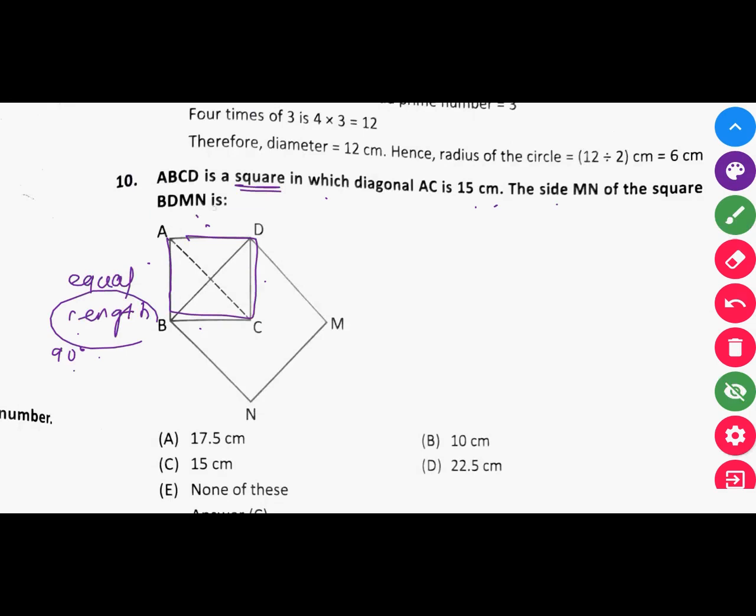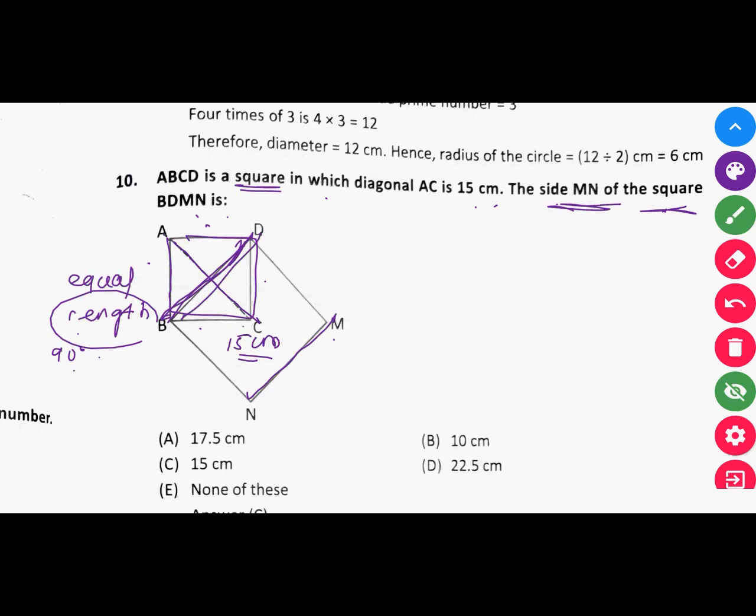Side MN of the square BDMN is? Now see, this is the diagonal AC, which is 15 centimeter, and now we have to find the side MN of square BDMN. So we know that diagonals are also equal in length.